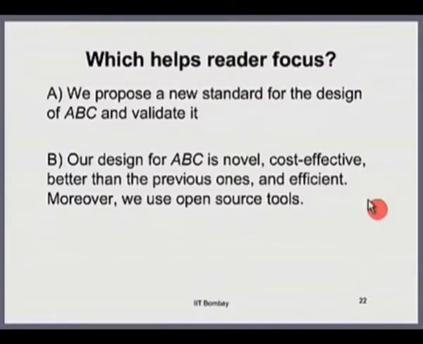However, there's a huge problem when you write B. Or let's first look at the advantages of B. It looks like the authors who have written claim B seem to have done a lot, more than what people have done with A. However, if you write a claim like B, the reader or the referee of your paper does not know whether she should focus on the novelty, or the cost effectiveness, or the fact that it's better, or the fact that it's efficient, or the fact that you have open source tools.